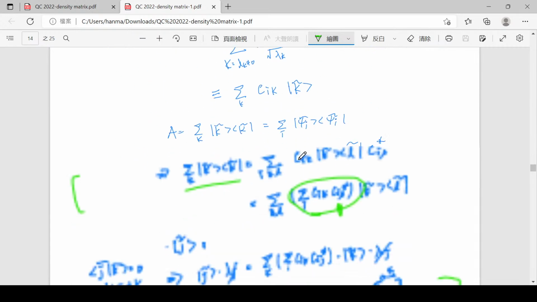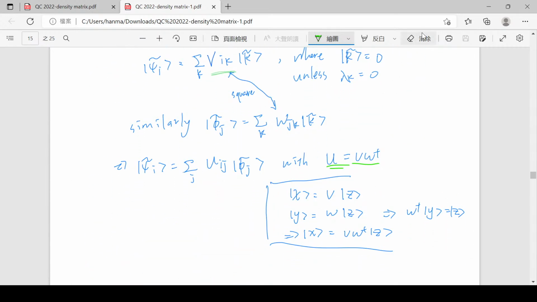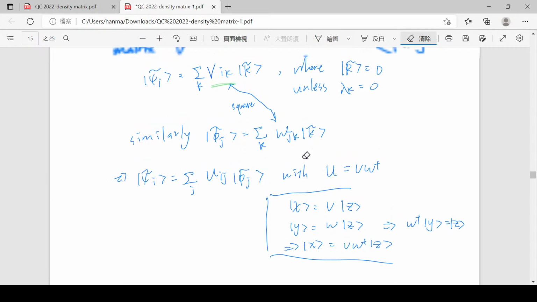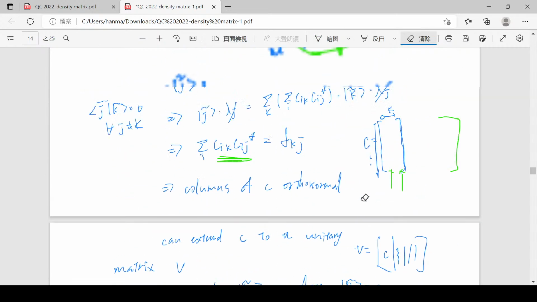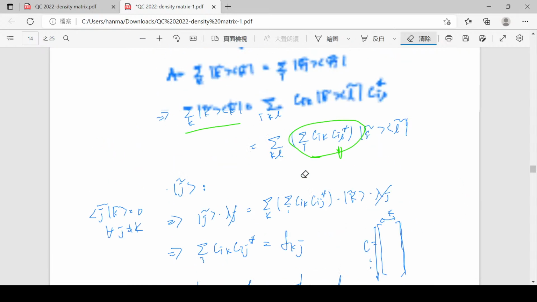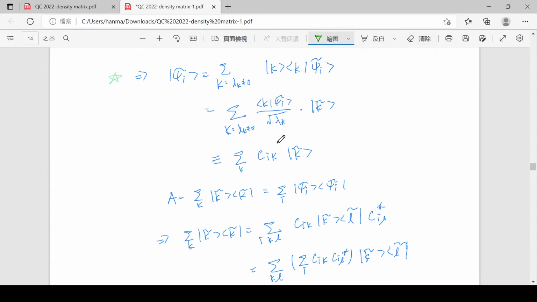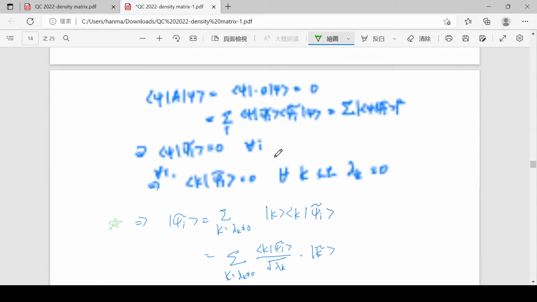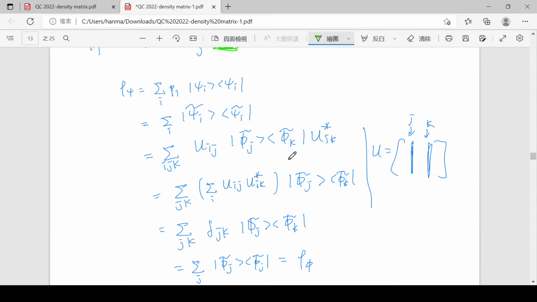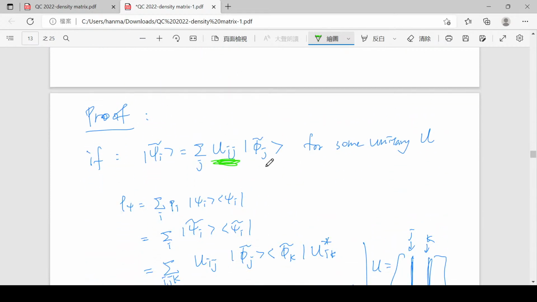But, I don't know, one comment from myself is I find this less intuitive than it should be, because it's a unitary rotating a very weird dimension.